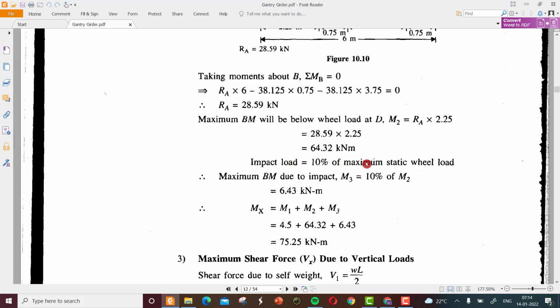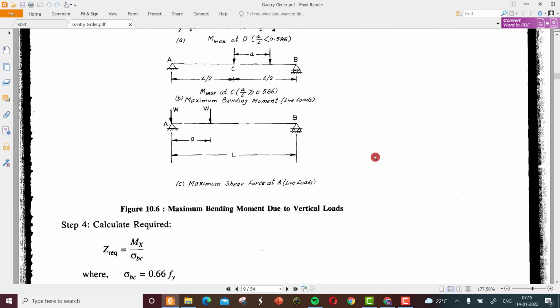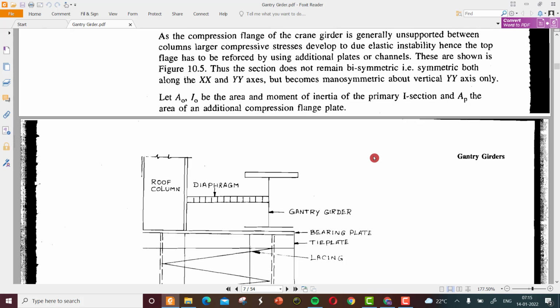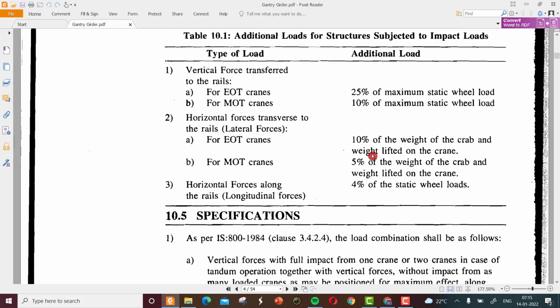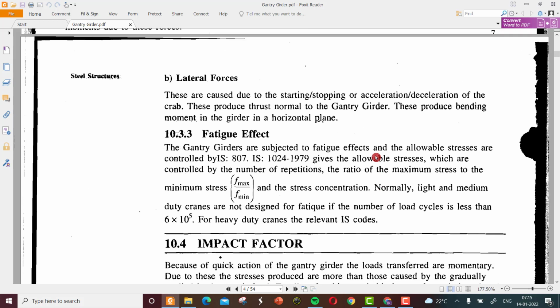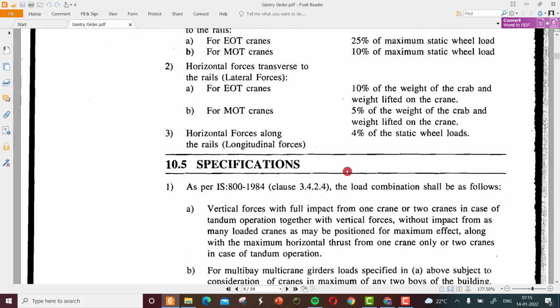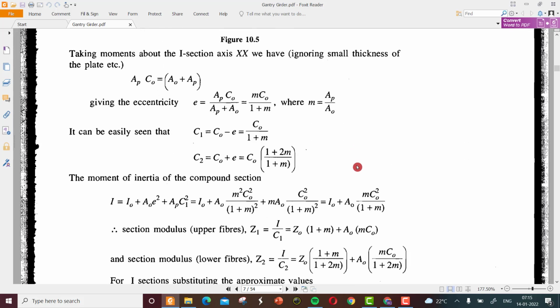We have seen in the previous table how the impact load is to be taken. These are about the vertical and horizontal loads, and the impact load has to be taken as 10 percentage.